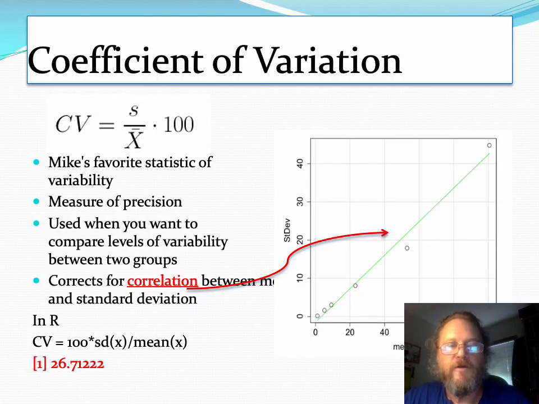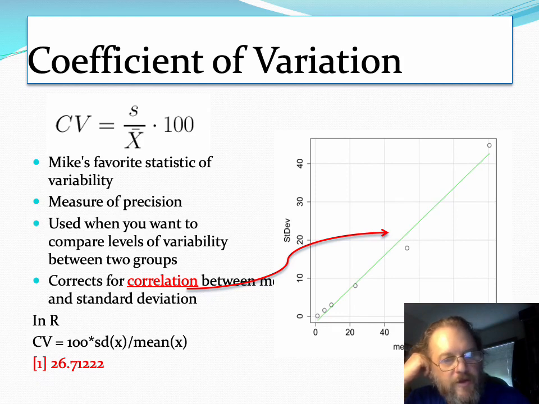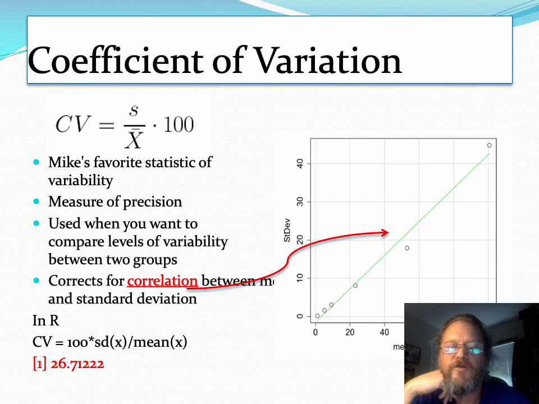All right. And then I always like to end the discussion of the middle and the variability by saying, look, if you want to make comparisons between different allele types or different observations, and there's a different scale, you can't just compare the standard deviations. You'd have to use what's called the coefficient of variation. There's a relationship between the mean on the horizontal axis and the standard deviation: as the mean increases, the standard deviation will also increase.